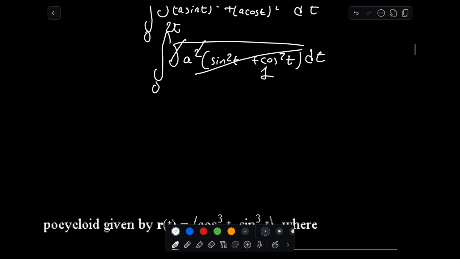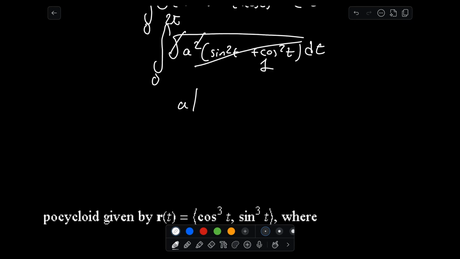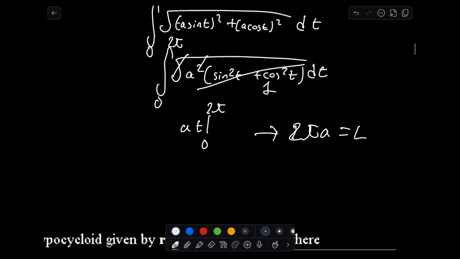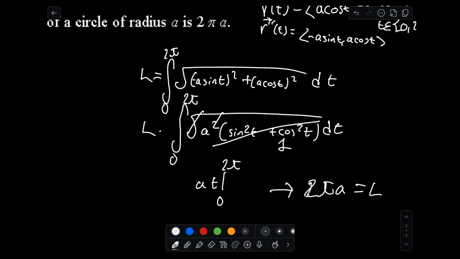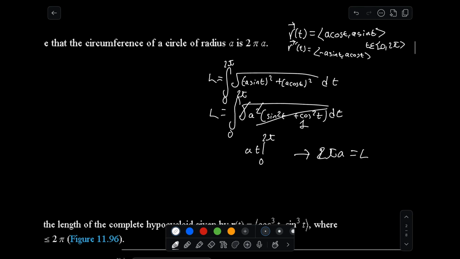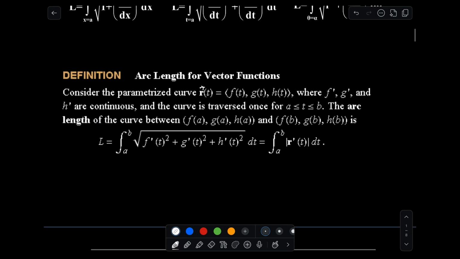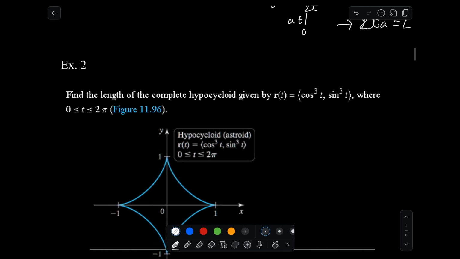It's going to be at evaluated from 0 to 2 pi. 2 pi a equals L. And we'll just say that L is our arc length, like they do in the examples above.